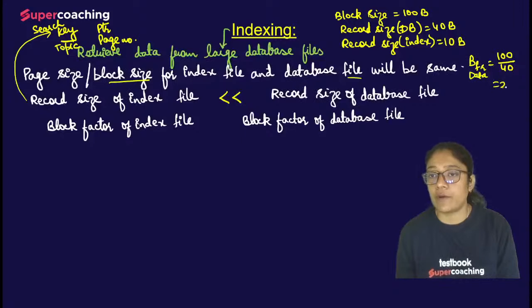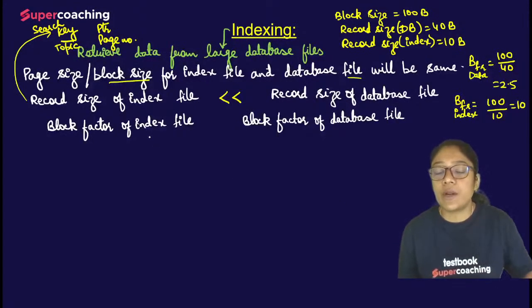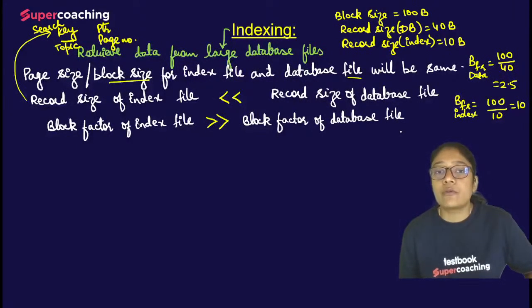And if we find it out for index, obviously if you are dividing it with the smaller value, the result will be more. If the value in the denominator is smaller, the result will be greater. So this means that the block factor of index file will be greater than the block factor of database file.